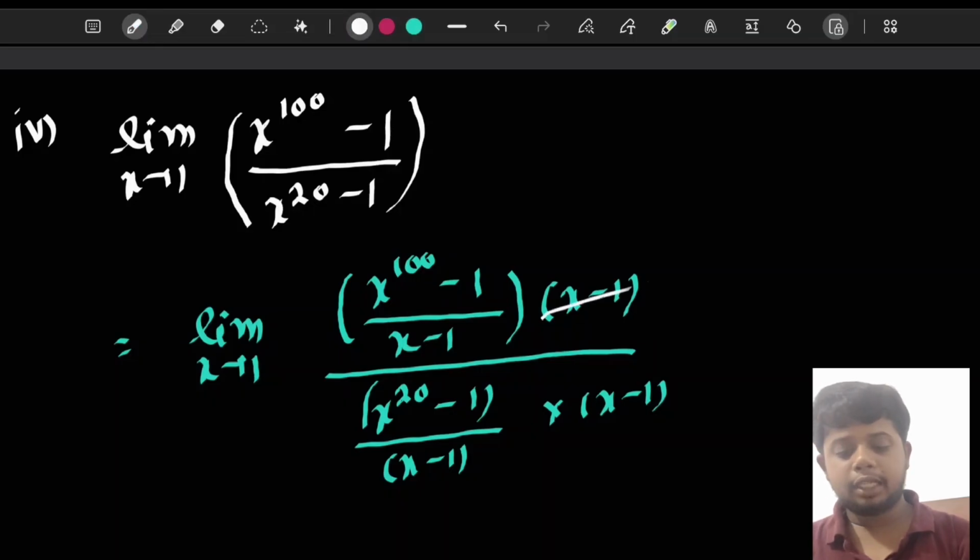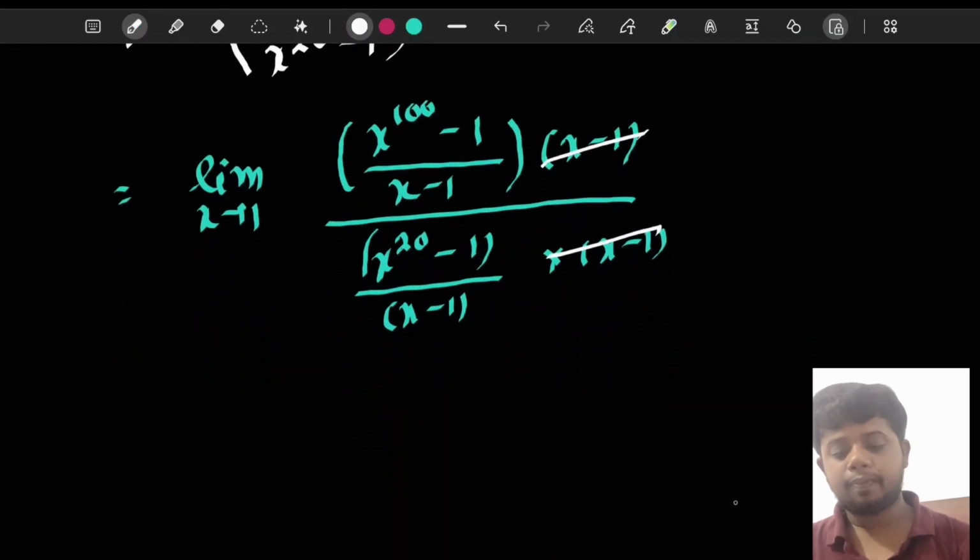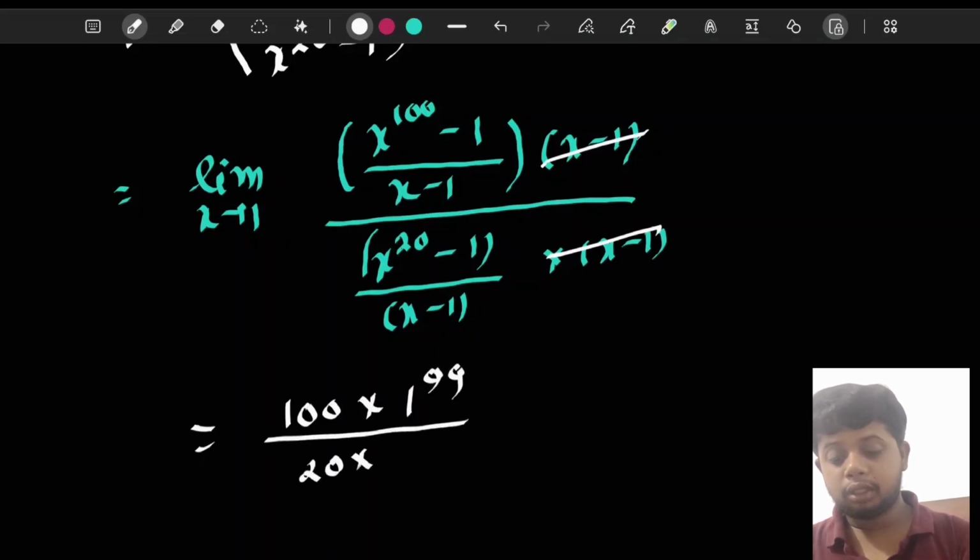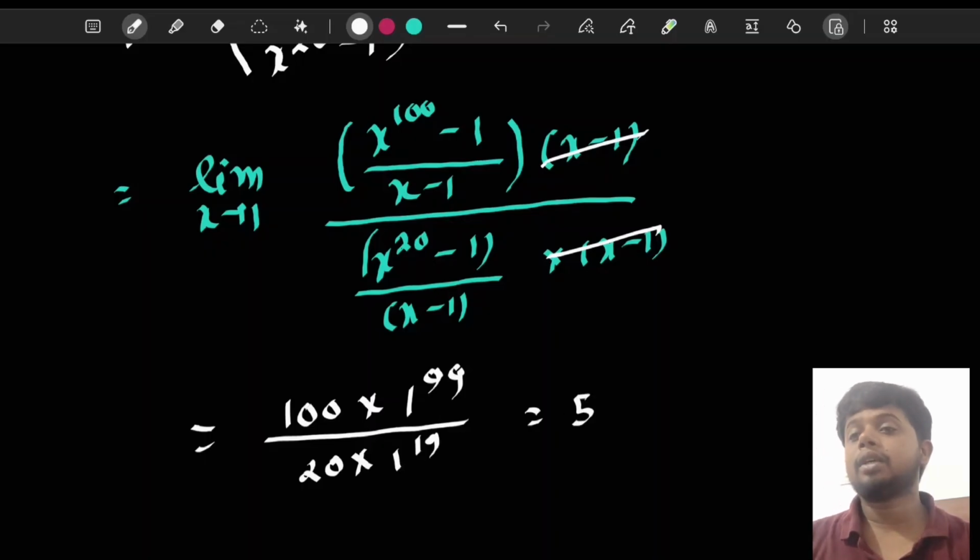And you can see here x minus 1 cancel each other. So I'm getting here 100 into 1 power 99 upon 20 into 1 power 19. So ultimately we are getting answer 5. Next.